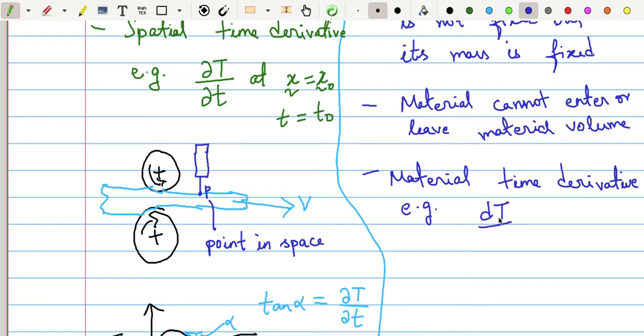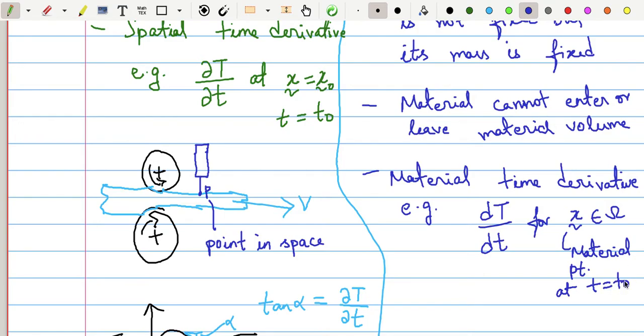So the total derivative of temperature with respect to time, for the point that you are considering, for x in omega, where x is a material point at t equals t naught.